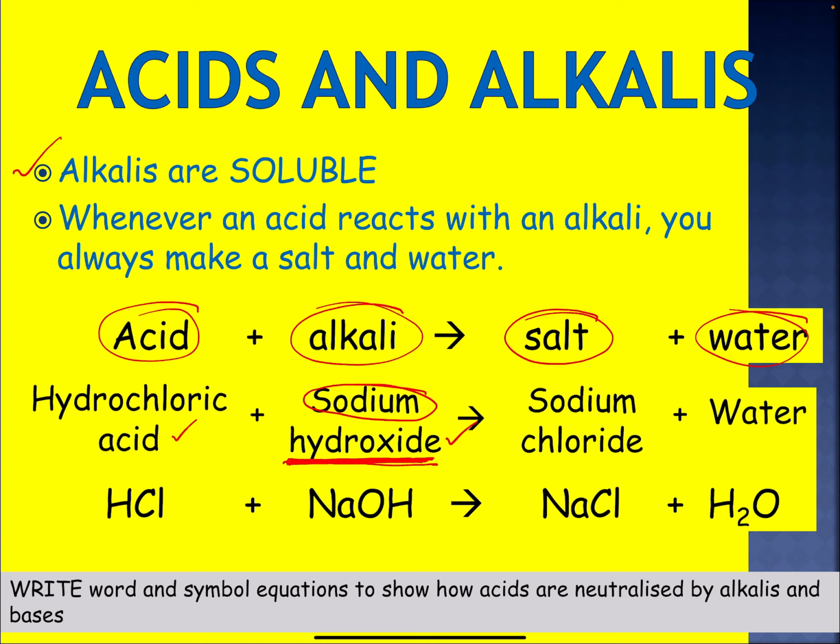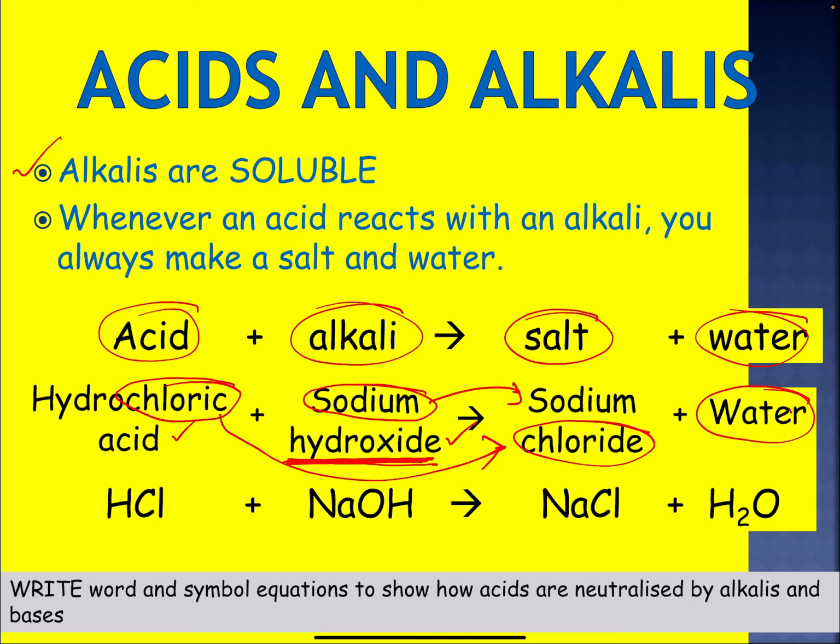So it's a metal hydroxide. Alkalis end with that word. There's your salt. So sodium chloride in this case. I did say hydrochloric acid produces chlorides. And the metal comes from the alkali. And then there's your water.